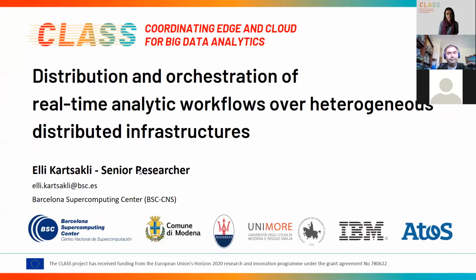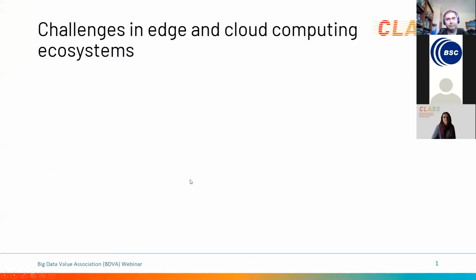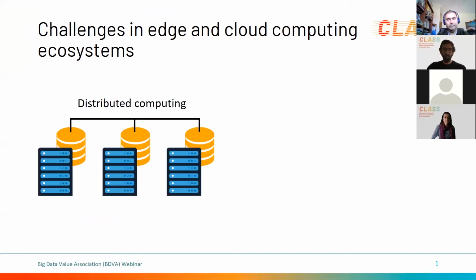Okay, so welcome everyone. I will talk about the distribution and orchestration of the real-time analytic workflows over the heterogeneous infrastructure we have in CLASS. So first of all, I would like to talk about the challenges that we face in the distribution of the workflows. The concept of distribution has been around for a while.